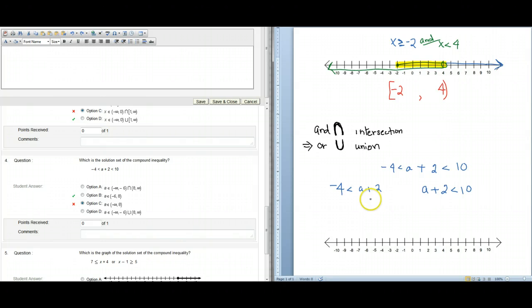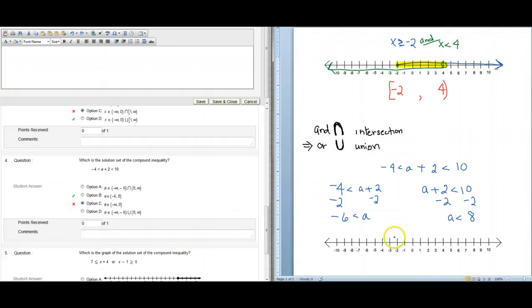Now, you solve each one the same way. All you have to do is subtract 2. And your answer is going to be different. So here you get negative 6 is less than a. And then same thing here, subtract 2, but you're going to get a is less than 8. Okay?